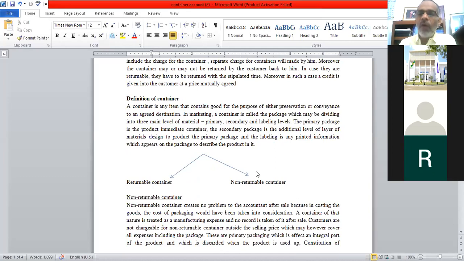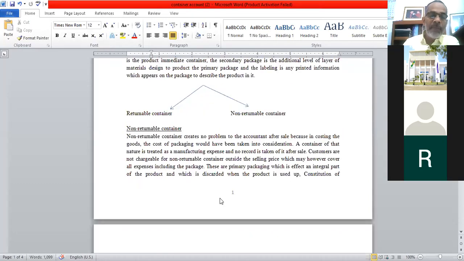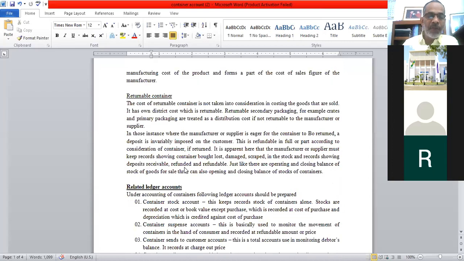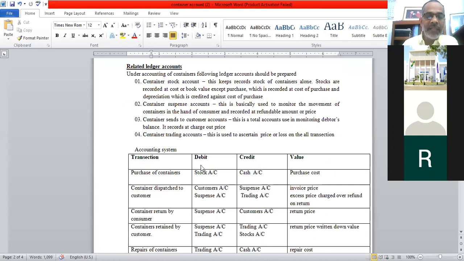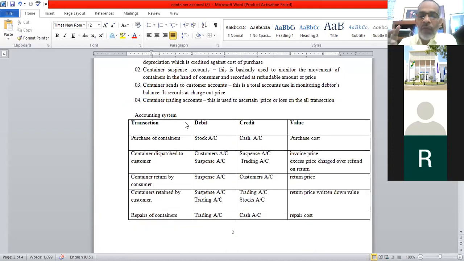But here we are going to discuss the containers used for import and export purposes. The costs of returnable containers are not taken into consideration in the goods that are sold. Okay, returnable container. When we are doing the container accounts, there are mainly four accounts to be prepared.